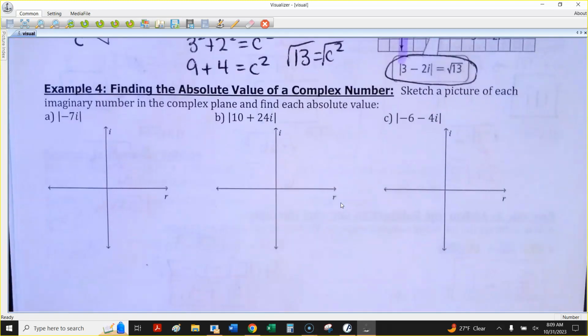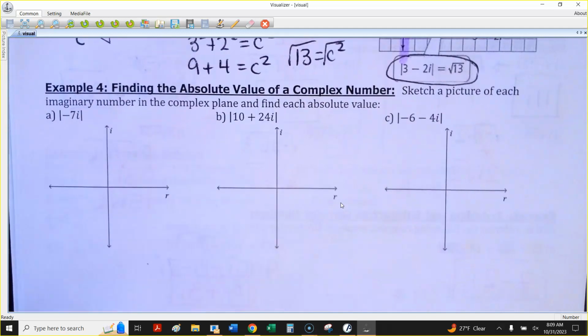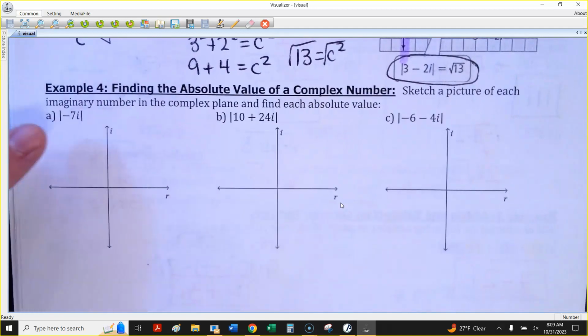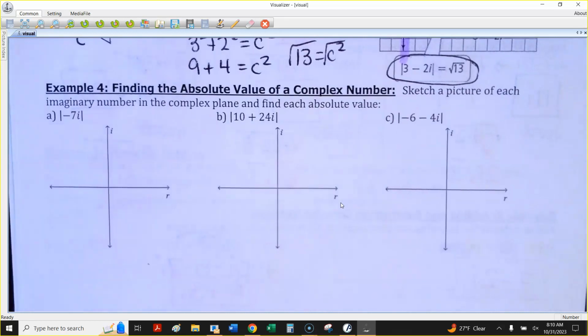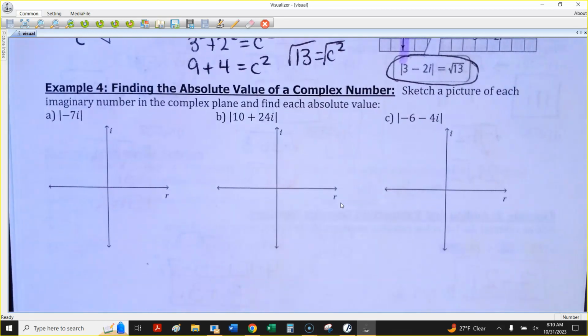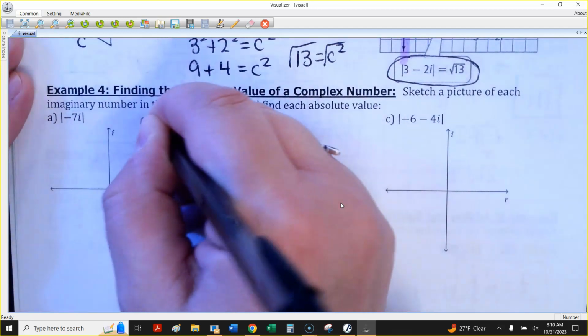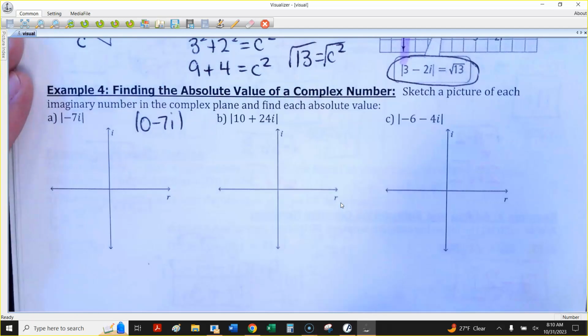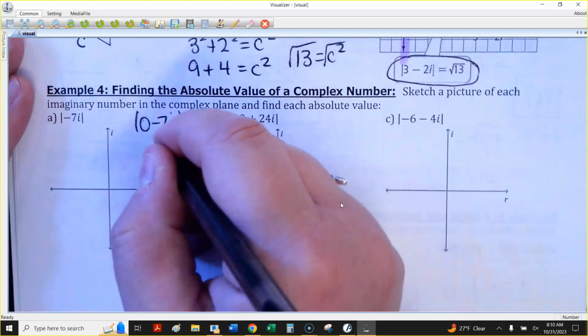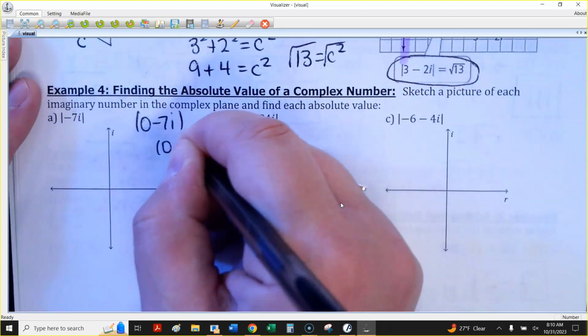It's not labeled or anything, I'm just going to sketch it. What would the real part be if I just give you -7i? I'm going to try to graph a point here. So what would the real part be? 0. So this is really 0 minus 7i, the same thing. If you wanted to think about this like a point, this would be the point (0, -7).